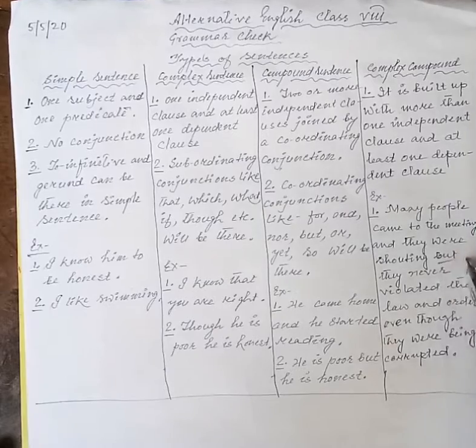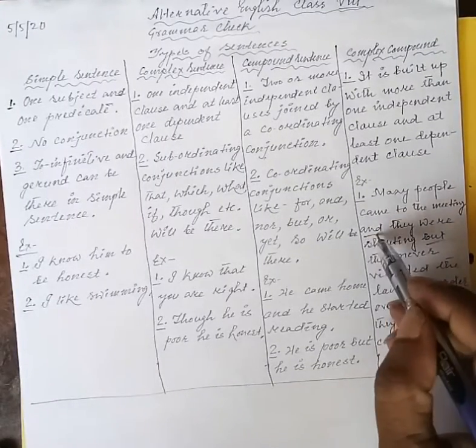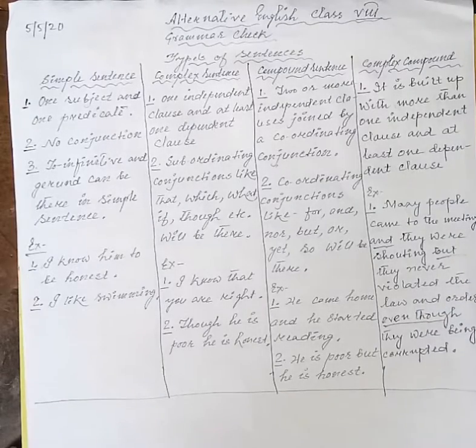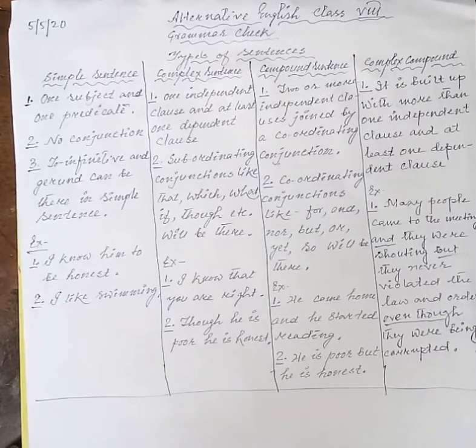These are compound, and even though is your conjunction for a complex sentence, and this makes it complex compound.